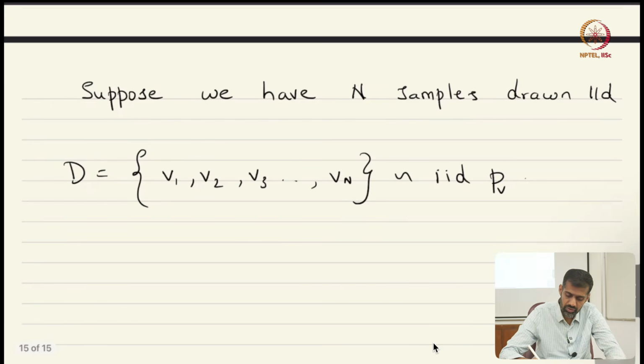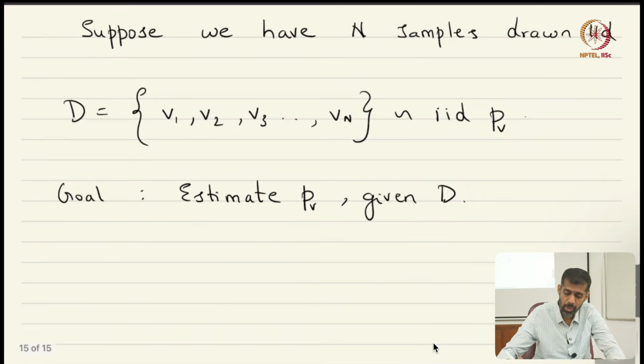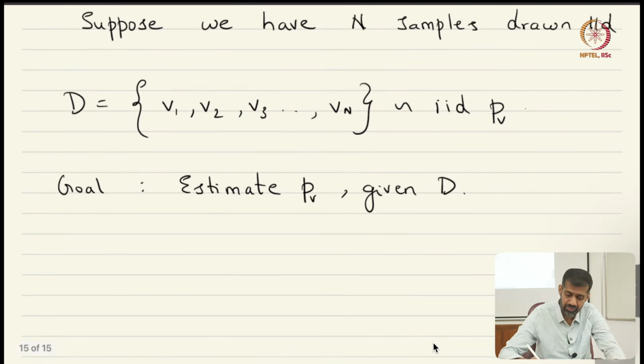Now the goal is to estimate PV given D. This is our goal. Now we know the recipe.